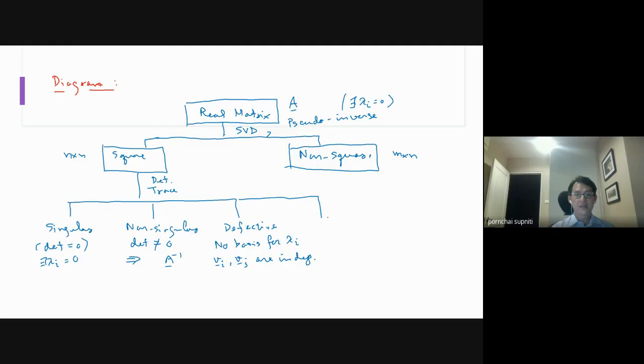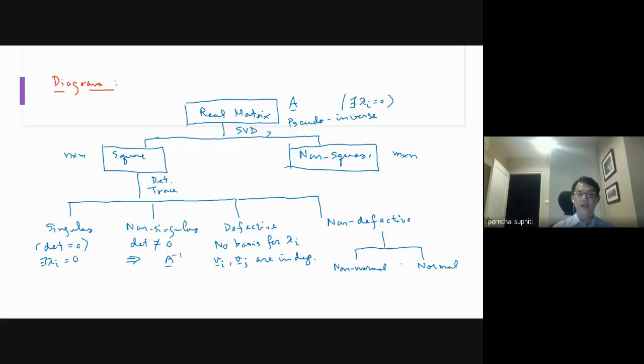For the non-defective matrix, meaning that we can find a basis for the lambdas, we can divide further into normal and non-normal.